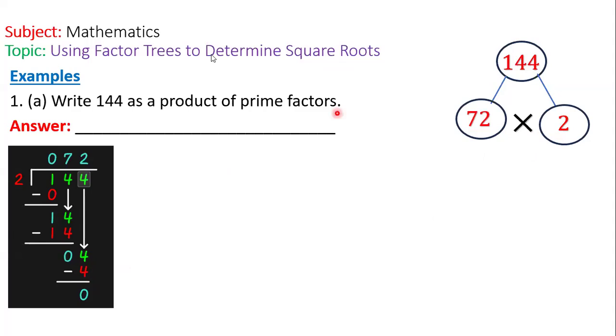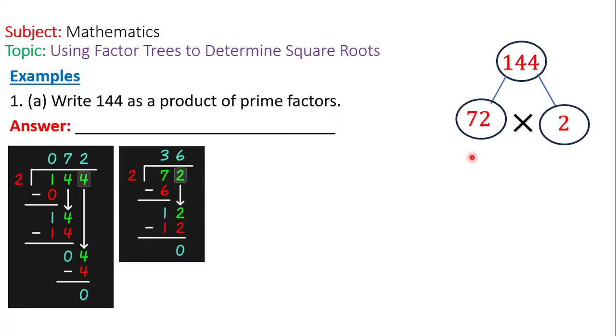What could we do now? We could use 2 again, right? So how many times does 2 go into 72? 36. So we say 2 goes into 7 how many times? 3 times. So 2 times 3 is 6.